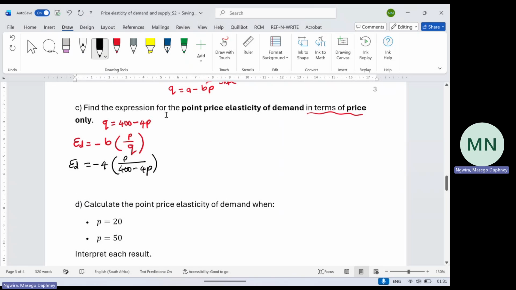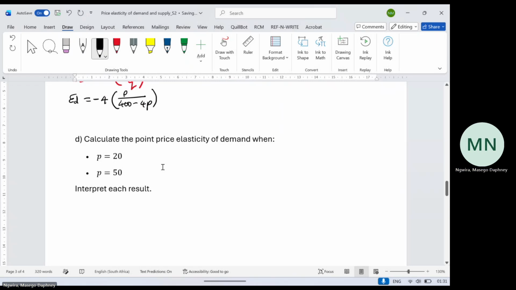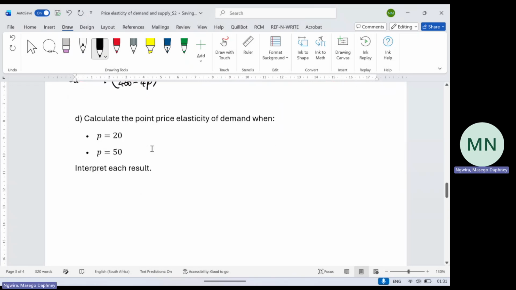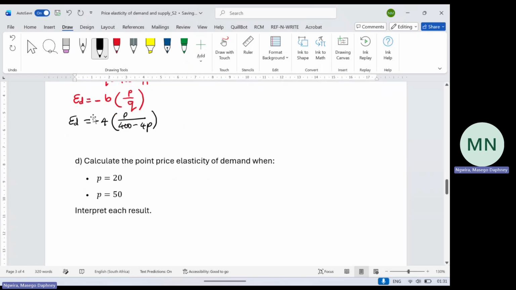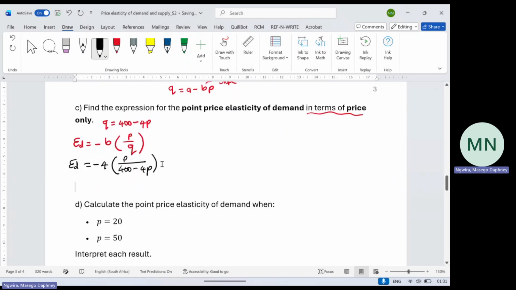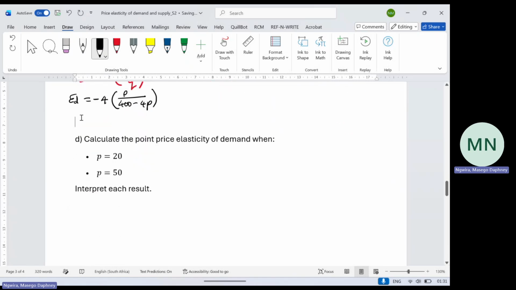And then now we go to D. D says, calculate the point price elasticity of demand when P is equal to 20. So when P is equal to 20, they want to know what our ED will be. We already solved for the point price elasticity of demand in terms of P, so we are going to use this now.